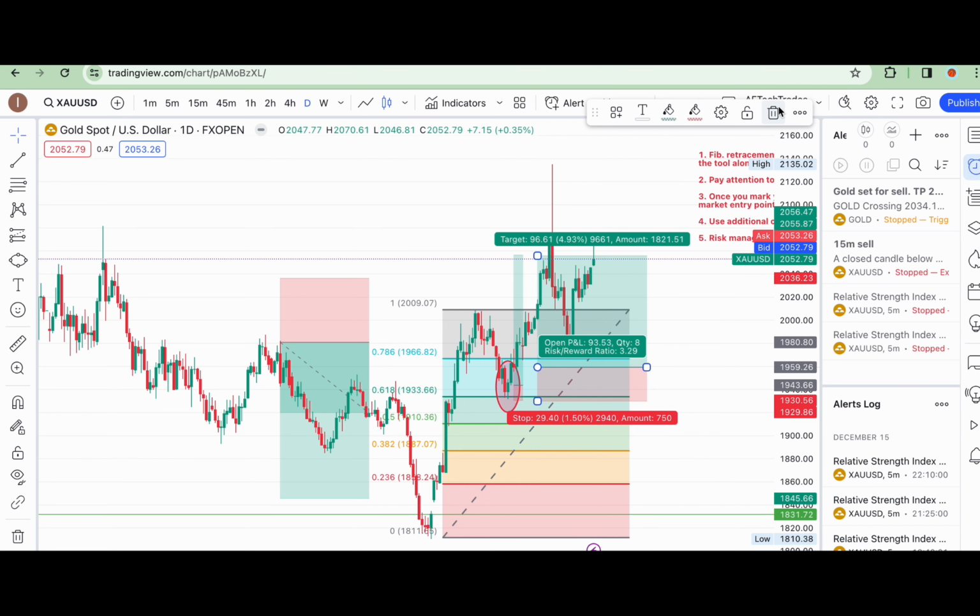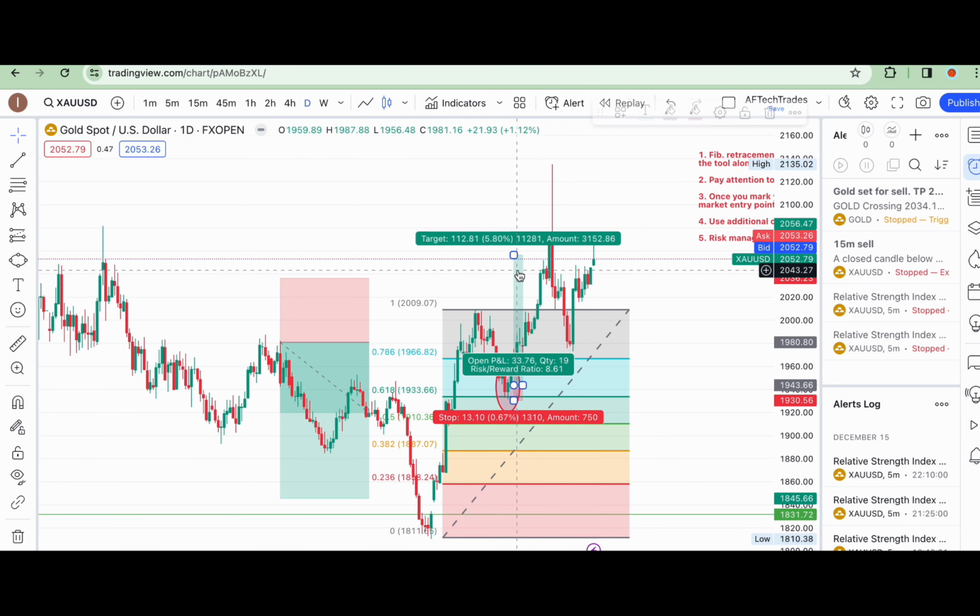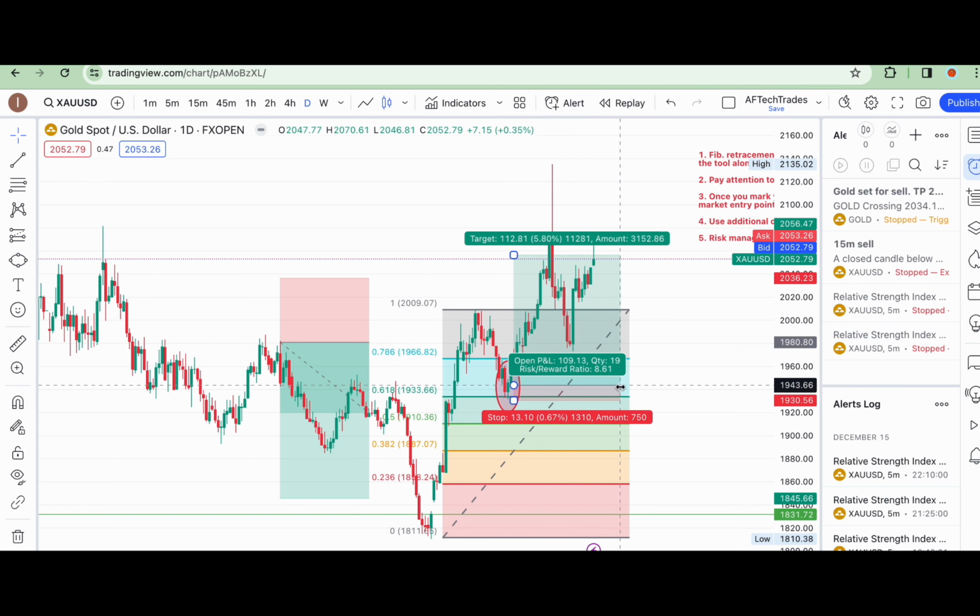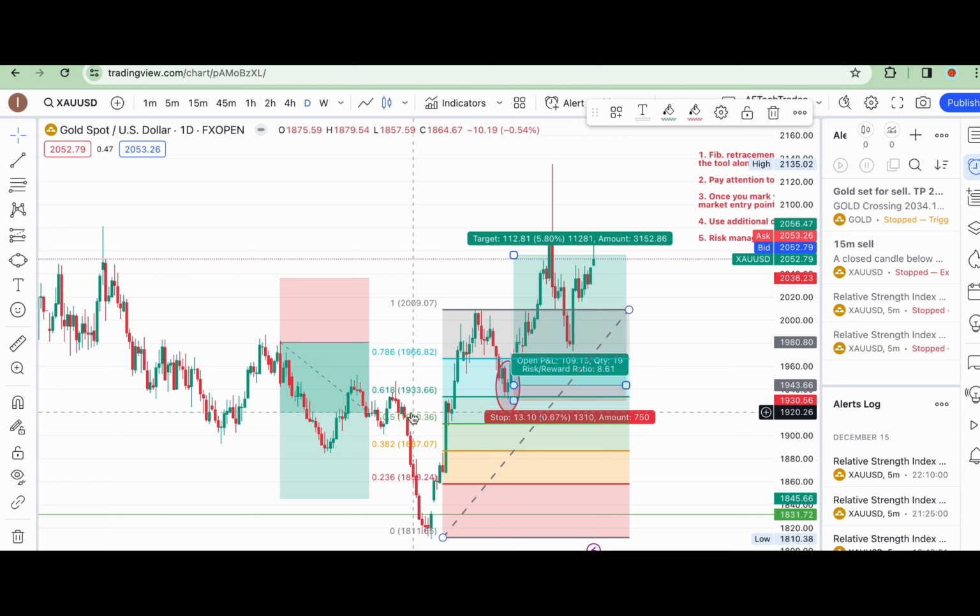If I delete this one and extend this forward, you see this is closer and tighter for us on our risk to reward. We have a risk to reward ratio of 8.61. So if the market had gone against us, because we went to the lower time frame to take the trade, you will have minimal impact compared to when you take the trade from the higher time frame. So good.